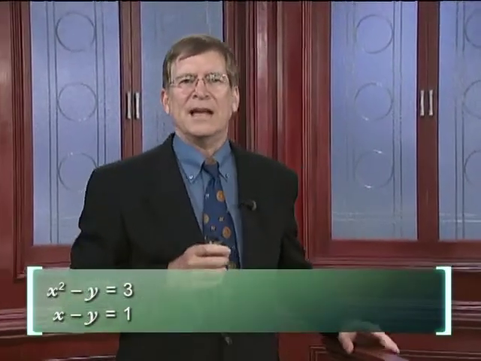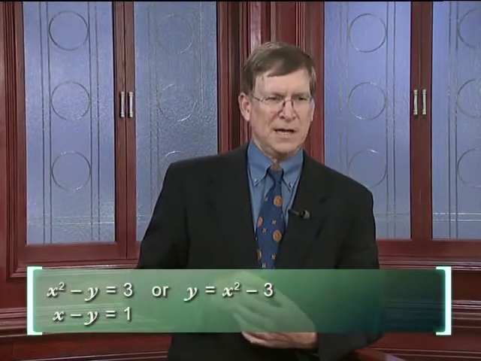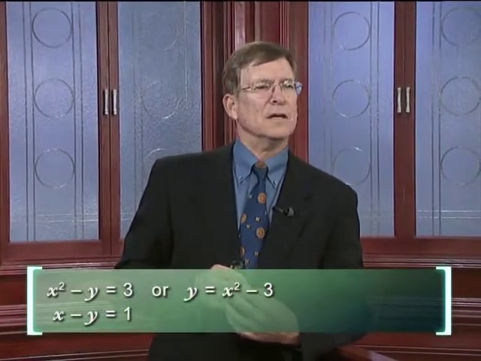And we're finding where that parabola and that straight line touch each other. So, how do we do that? Well, the first thing I'm going to do is take the equation of the parabola and simplify it to be y equals x squared minus 3, and for the line, write it in a different form, y equals x minus 1.